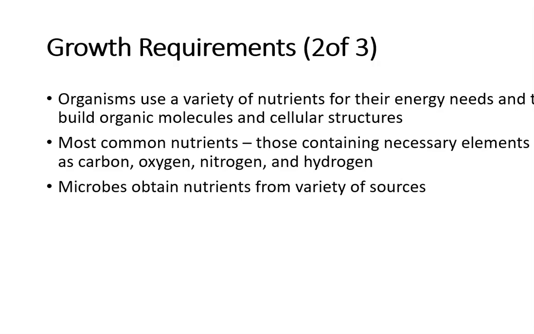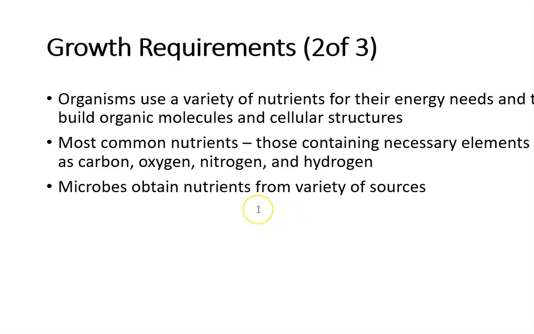These organisms need a variety of nutrients, and we have to provide them. Some of them can be a little hard to deal with, and some of them are very easy to grow. We have some very fastidious organisms where we have to provide specific environments or they don't grow, and some grow very well.